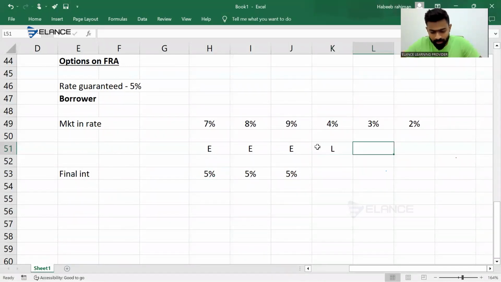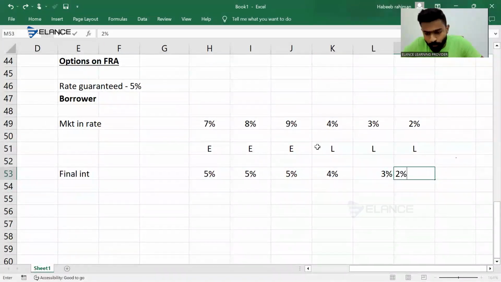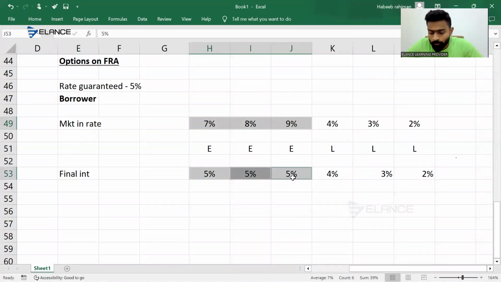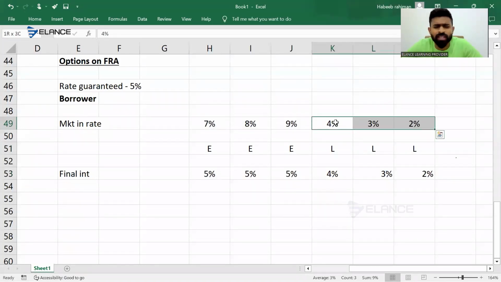Our final interest payment will be the market rate: if it reduced to 4%, we end up with 4%, then 3%, then 2%. So we are getting protected from the adverse movement, but without losing the benefit of the favorable movement in the market, since we entered into an option contract. Is it okay?